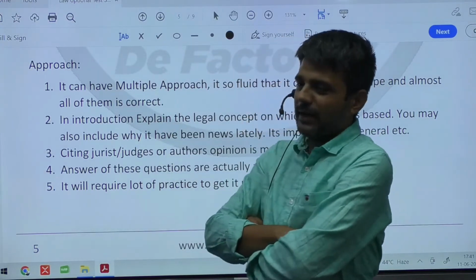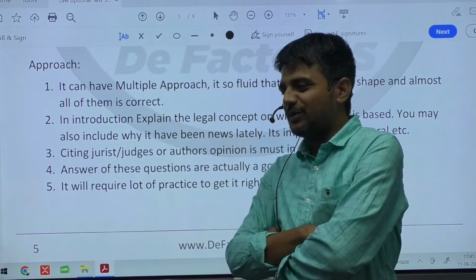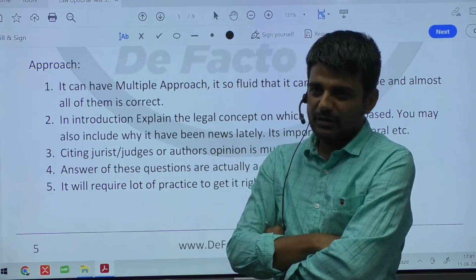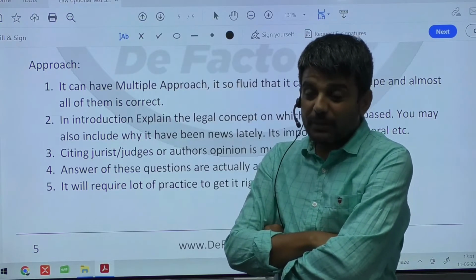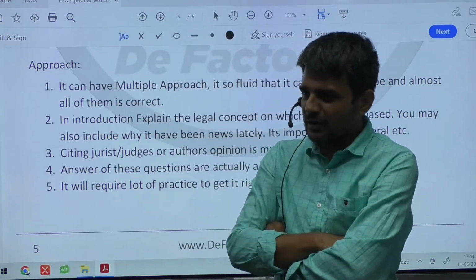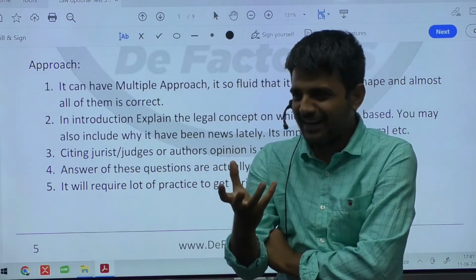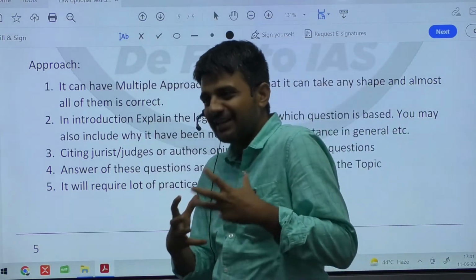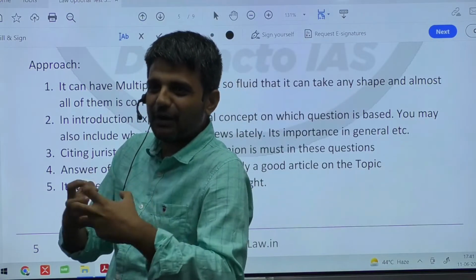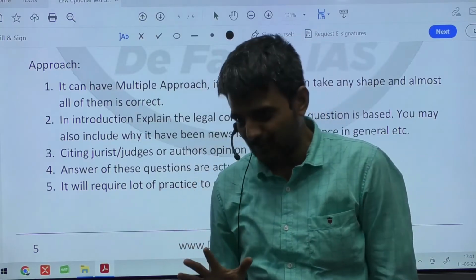Like for example, in PIL, the Supreme Court in recent years has transformed itself into a court of the people, and they have allowed people from various sections to approach it unhindered by the technicalities of law. I just made it up, right? So something like that, a very good, emotional and very powerful line has to be written at the top. Right? So that is always a very good introduction for that particular question, right?